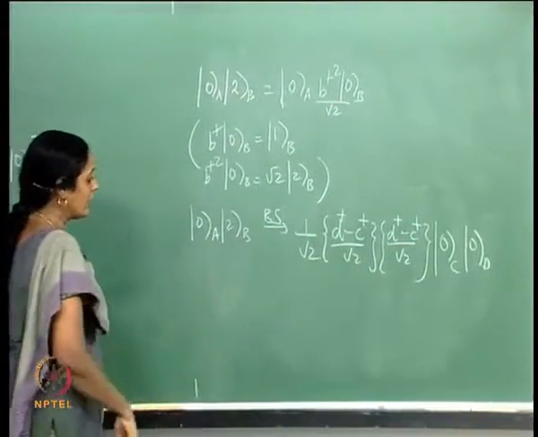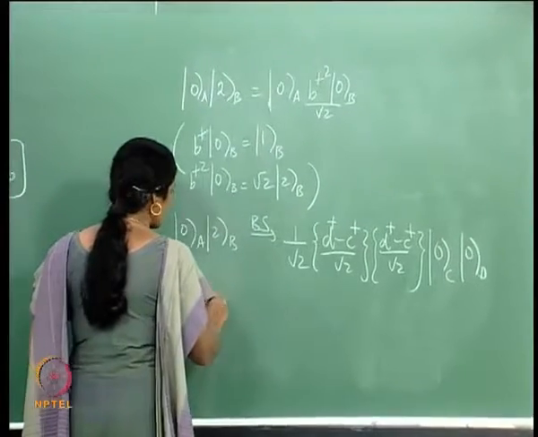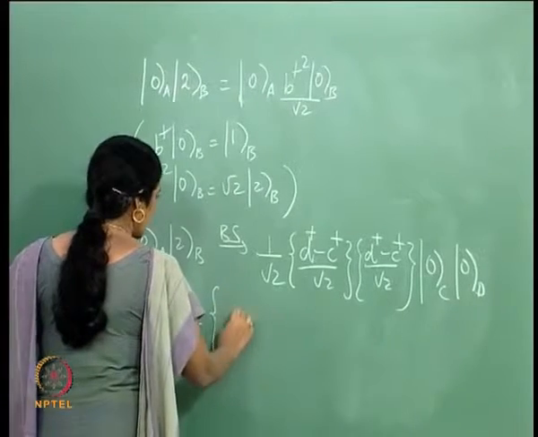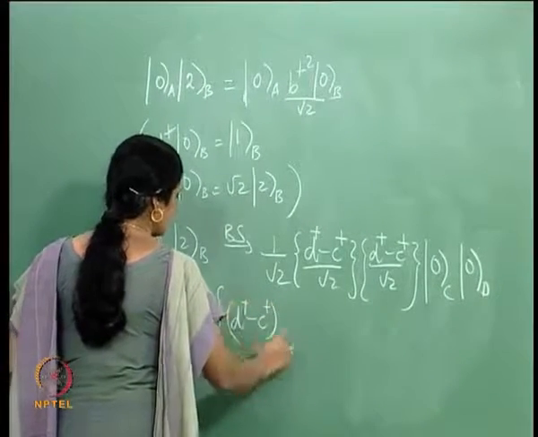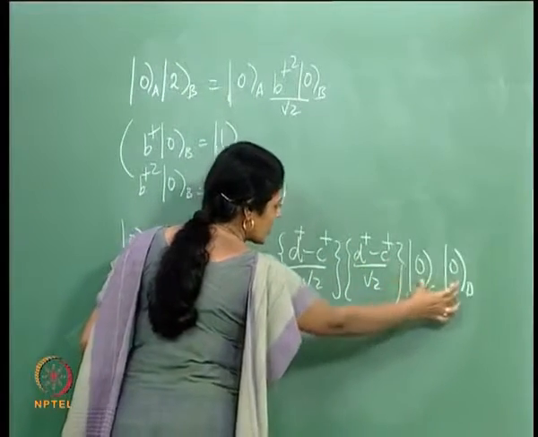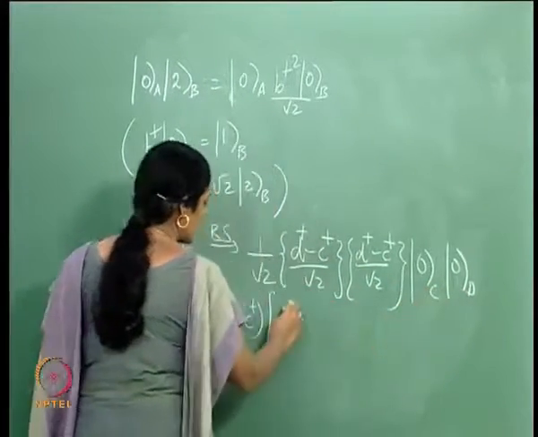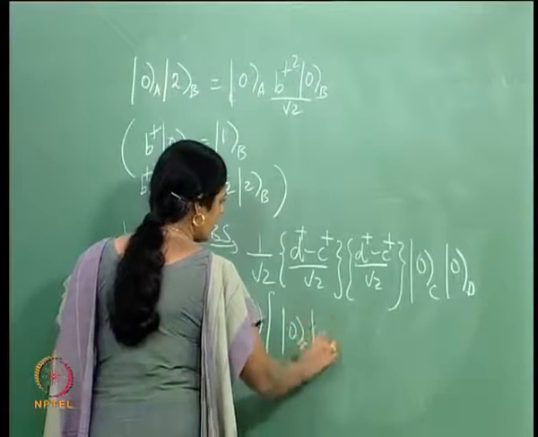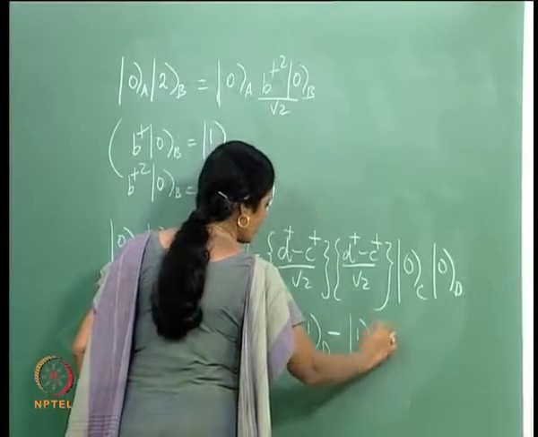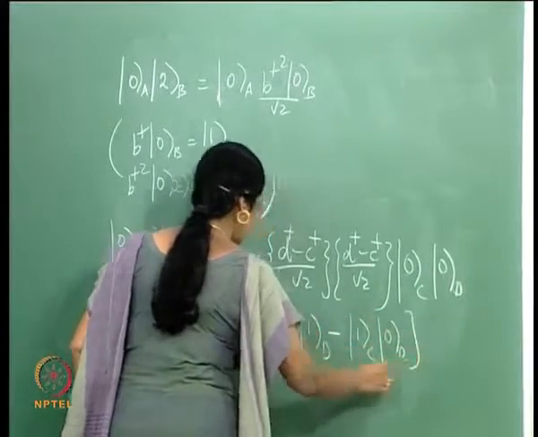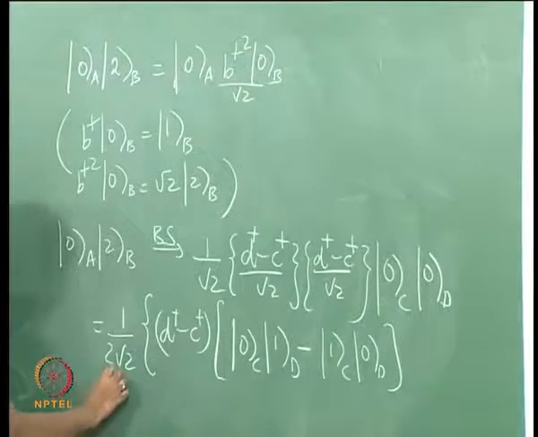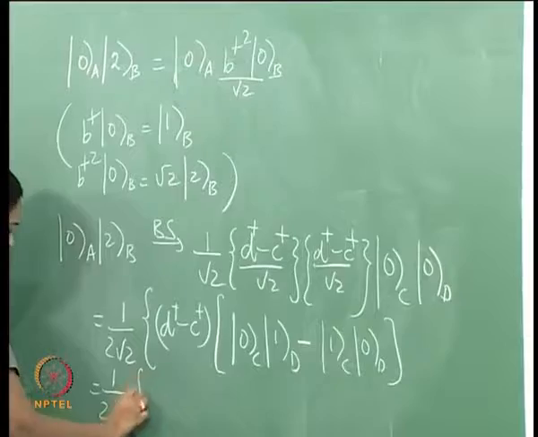After beam splitting I get nothing. So this is 1 by 2 root 2 D dagger minus C dagger. The first time this D dagger minus C dagger acts on ket 0C ket 0D, I get 0C 1D minus 1C 0D. Now once more it does the job, that is 1 by 2 root 2.